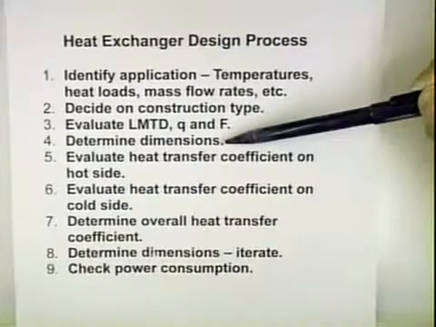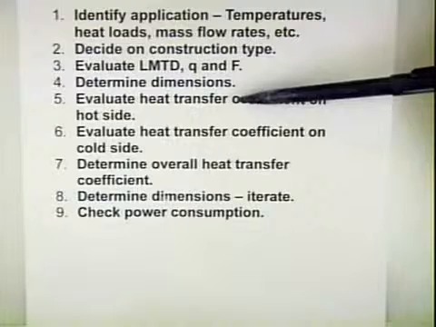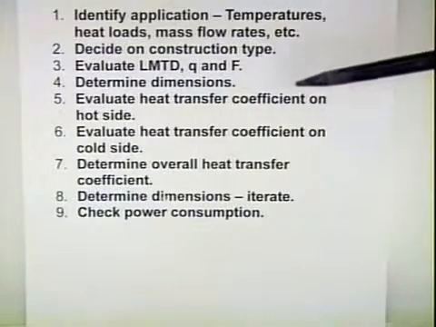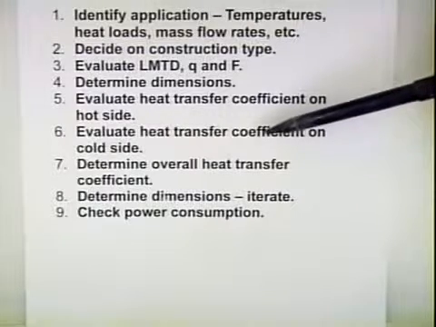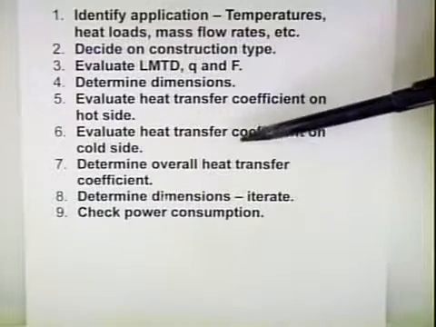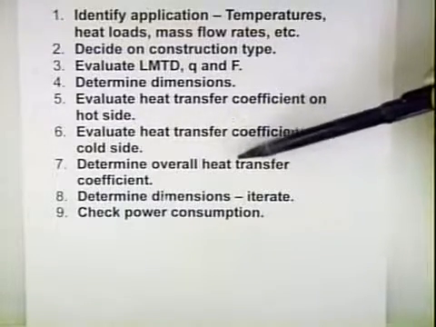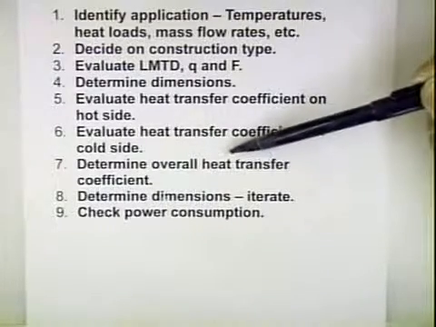So we picked some numbers and plugged them in. Then we evaluated the heat transfer coefficient on the hot side of the flow, and we evaluated the heat transfer coefficient on the cold side. In this case, we made the assumptions that we had thin walls and no fouling, and we were able to easily determine the overall heat transfer coefficient by summing the resistances.